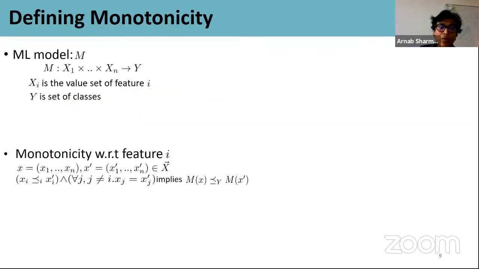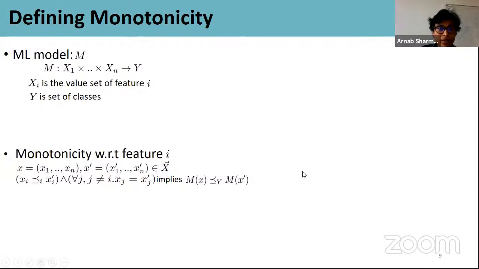So first, how monotonicity can be formally defined. A machine learning model essentially is a function which takes as input a set of feature values and gives you an output class. Monotonicity can be defined with respect to a particular feature. Let's say we have two feature vectors, x and x prime, where x prime has the ith feature value greater than x, and we keep all the other feature values of x and x prime the same.